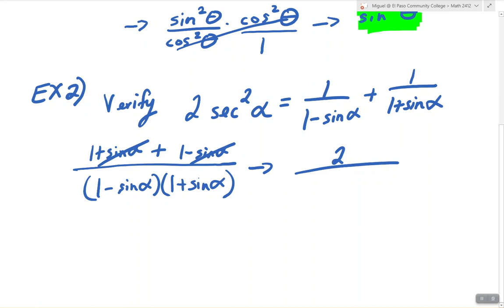And on the bottom, if I multiply these, think of it like a difference of squares. Then we have x squared minus 9 from x minus 3 times x plus 3. This is kind of similar: 1 minus sine, 1 plus sine. So this is going to give us 1 minus sine squared when we multiply that out.